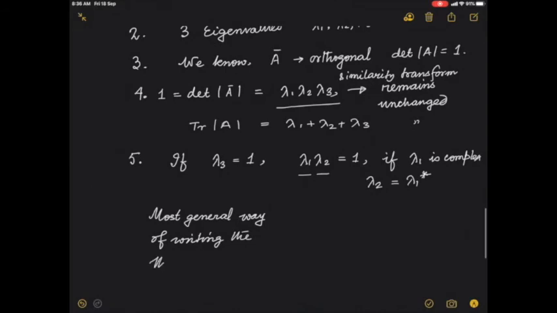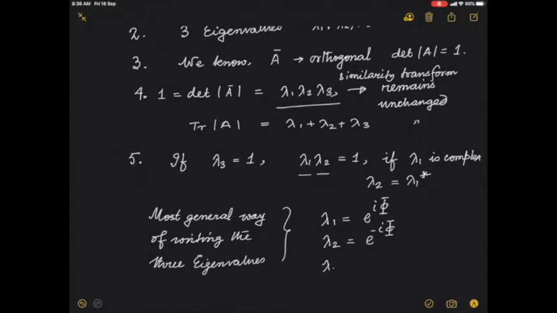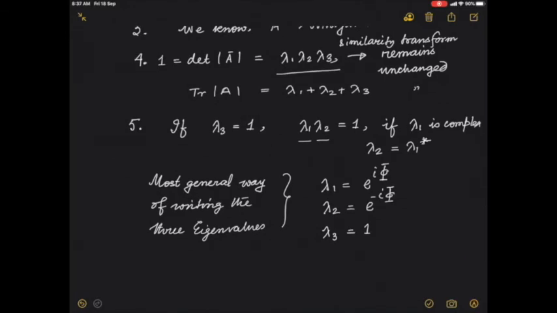So the most general way of writing the three eigenvalues then is: lambda 1, I write e to the i phi, a general complex number. Lambda 2, I write e to the minus i phi. I write these with capital phi; we'll see why later. And you see that satisfies the fact that lambda 1 times lambda 2 is 1, and lambda 3 will prove to be 1.